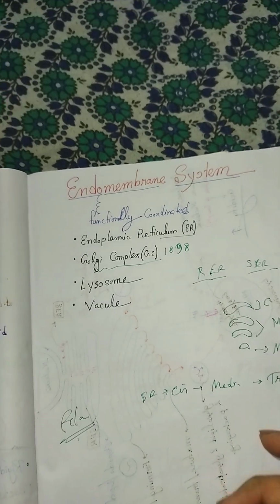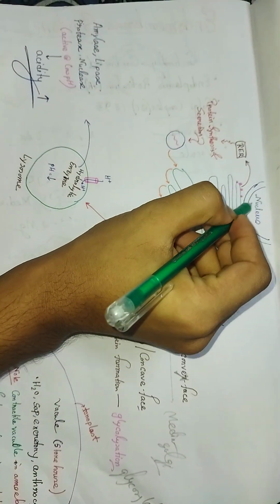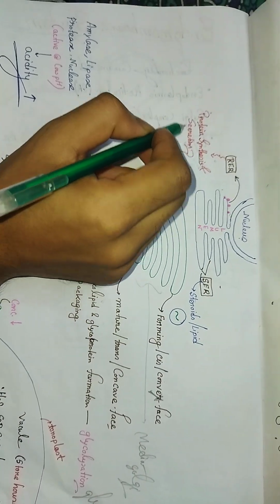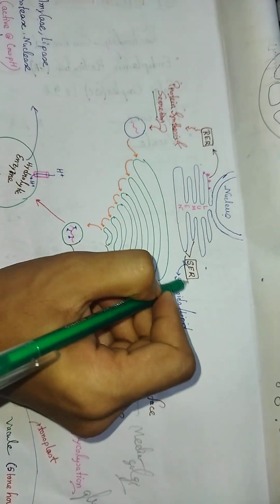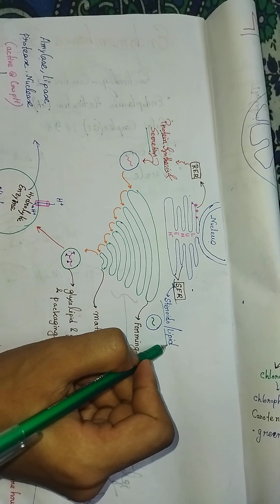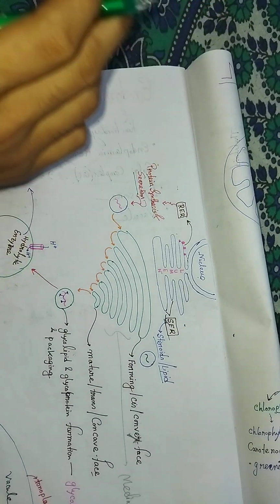This is the nucleus. This is the RER, for protein synthesis and secretion, and this is the SER, which makes steroids and lipids. This is in indirect contact with the outer nuclear membrane.